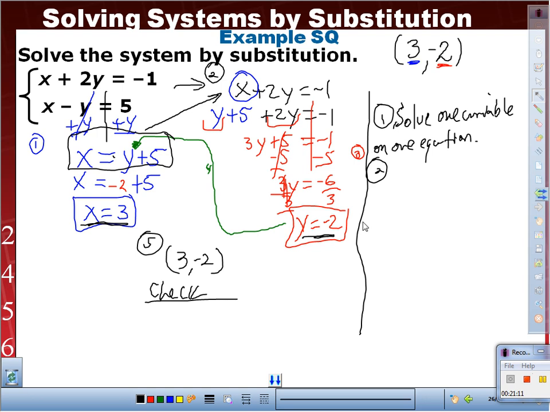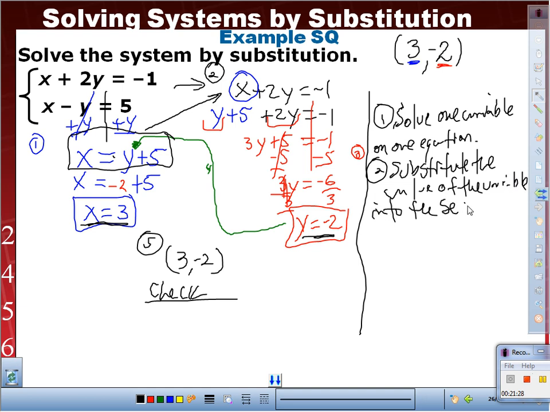Substitute the value of the variable into the second equation. Did we do that here? Yes.